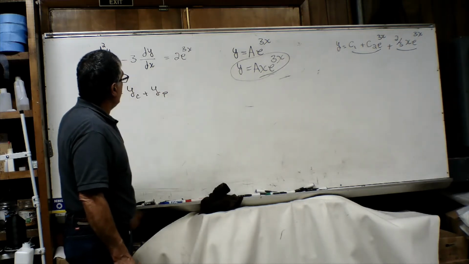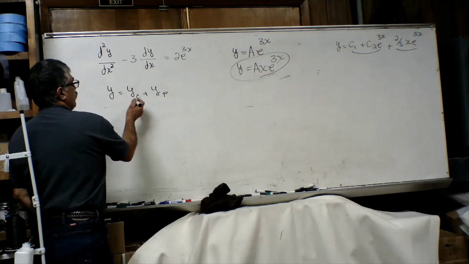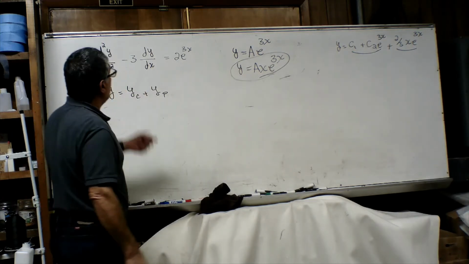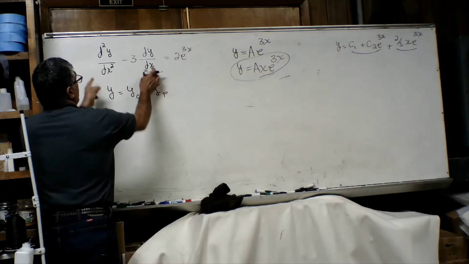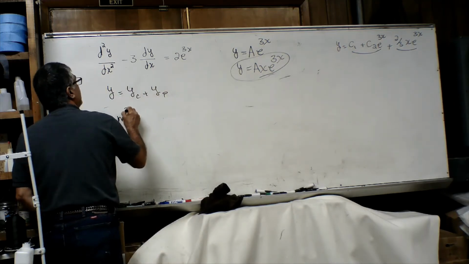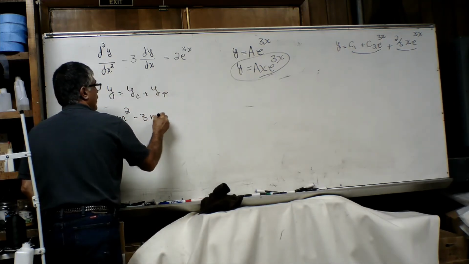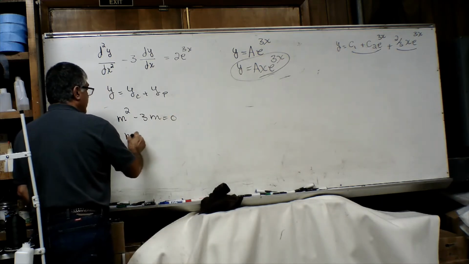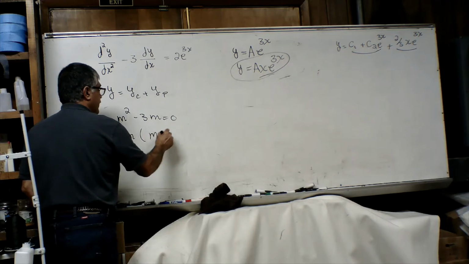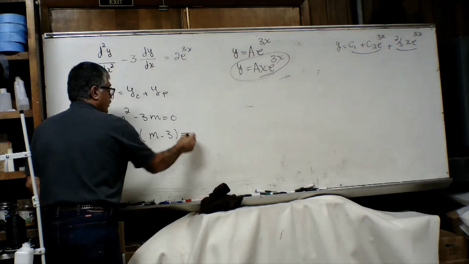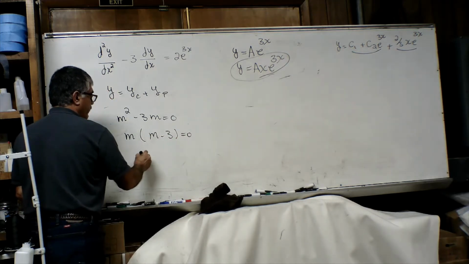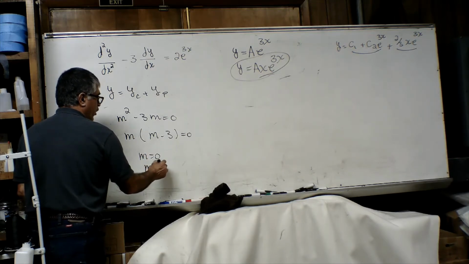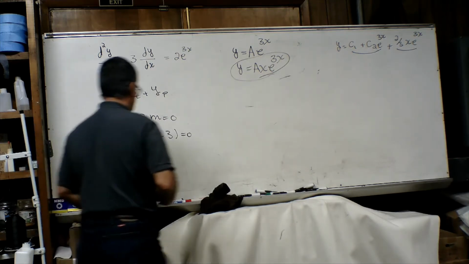To find yc, let's use the auxiliary polynomial and write this portion as m squared minus 3m equal to 0. Then we factor m out: m times (m minus 3) equal to 0. So m will be equal to 0 and m will be equal to 3.